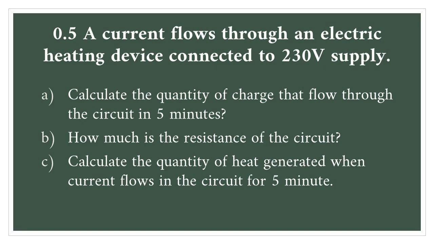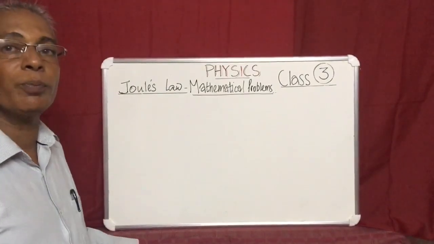B. How much is the resistance of the circuit? C. Calculate the quantity of heat generated when current flows in the circuit for 5 minutes. I hope you got the question. So let us solve the problem.